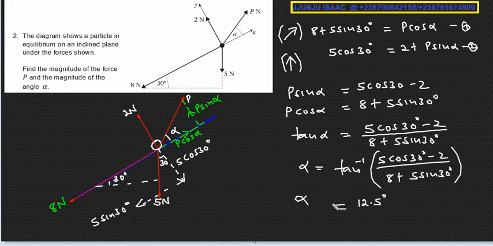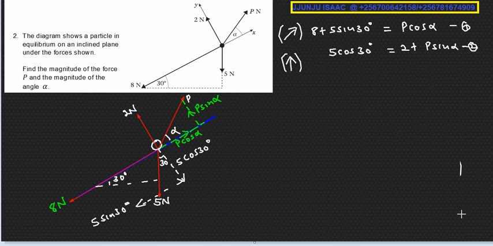Now how can we get P? Since our alpha is 12.5 degrees, we can use one equation here, either this one or this one. Let me use the first one.